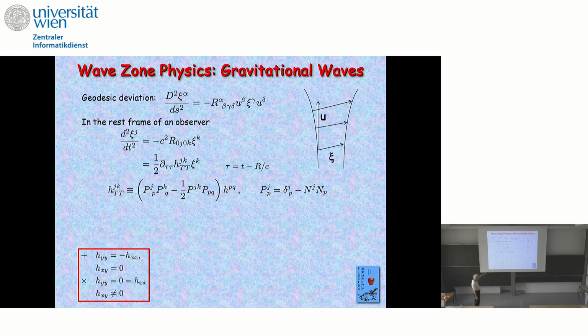Well, in the rest frame of the observer, the four velocity has no spatial component because your fiducial particle is at rest, so it only has a time component. So you just have R0, you have zeros here because U only has a zero component. C is a spatial vector because you're looking in space at that other mirror out there. So C has spatial indices.